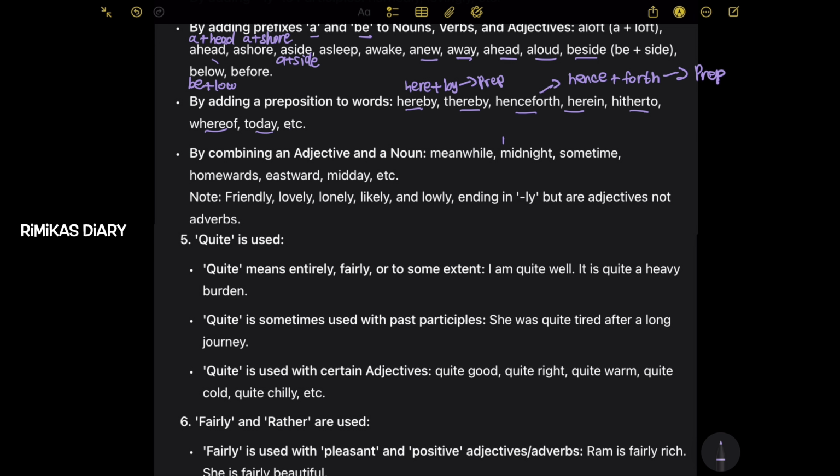Here, mid is an adjective plus night. Night is a noun. So you could also create an adverb by combining an adjective and a noun.